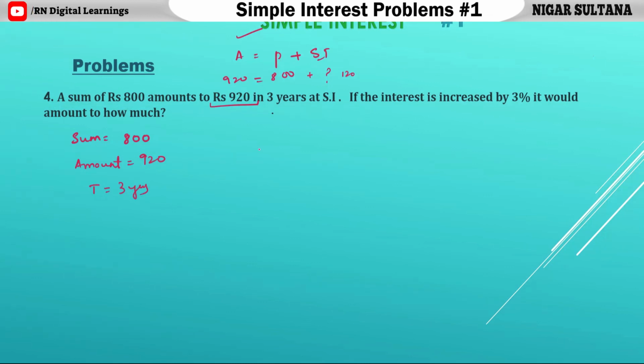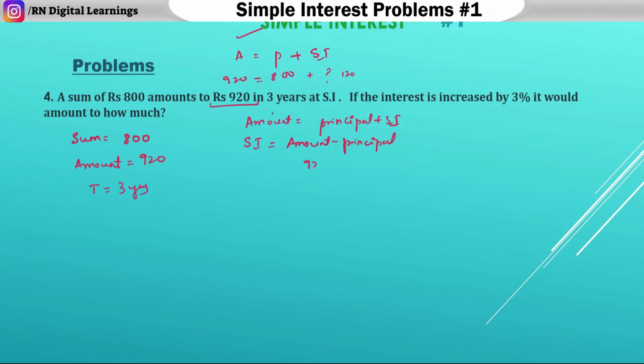So let's find out how to calculate SI. This is my formula for amount is equal to principal plus SI, right? So SI can be calculated as amount minus principal. What is the amount? 920 minus 800. So what is SI? It is 120.